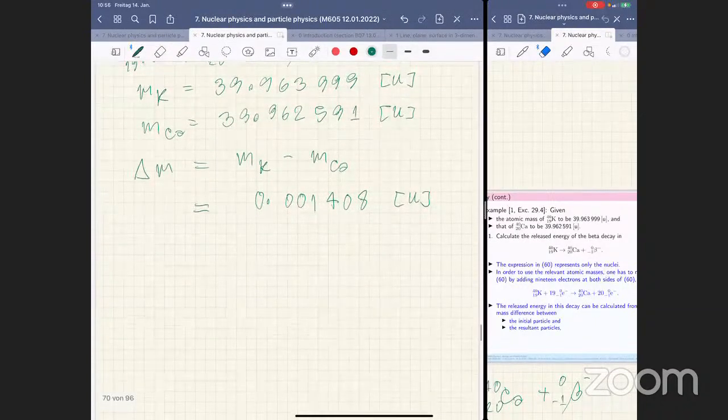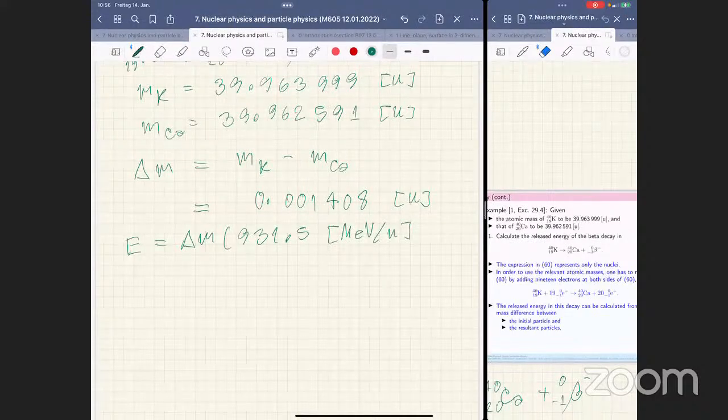Now it's time to compute the released or liberated energy. It's delta M times 931.5 mega electron volt per atomic mass unit. That's the factor we could convert.